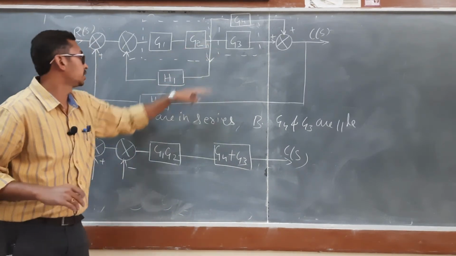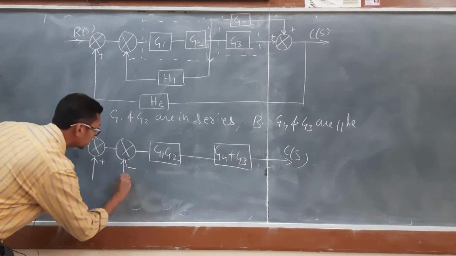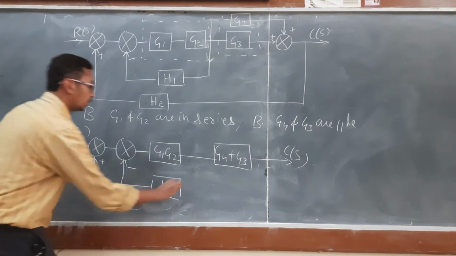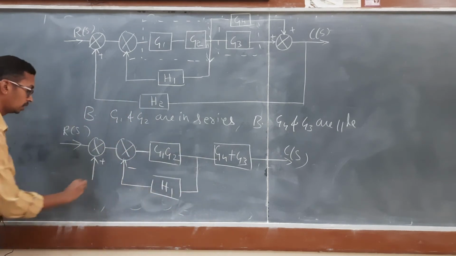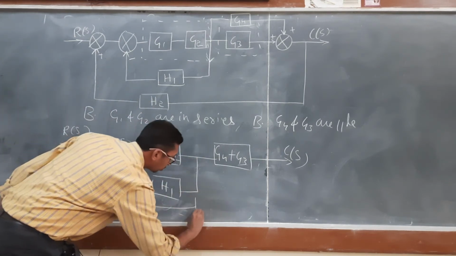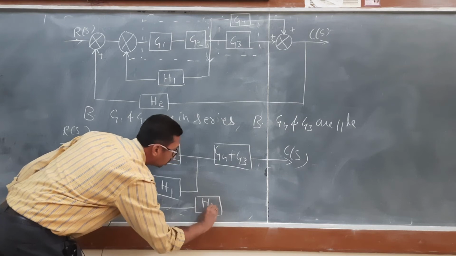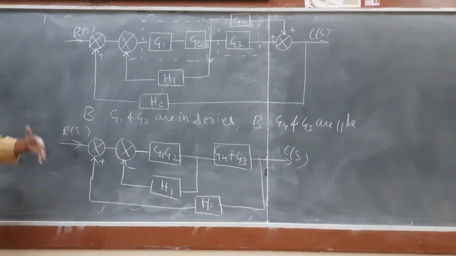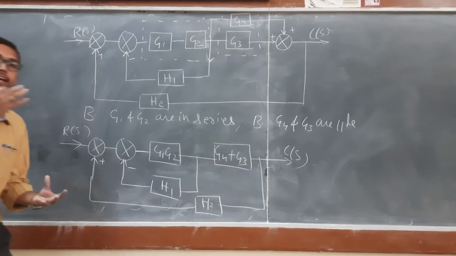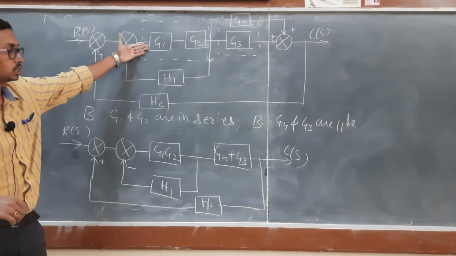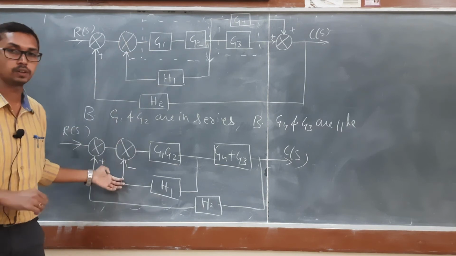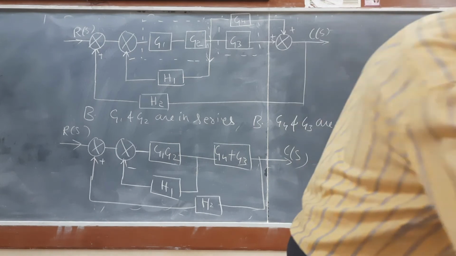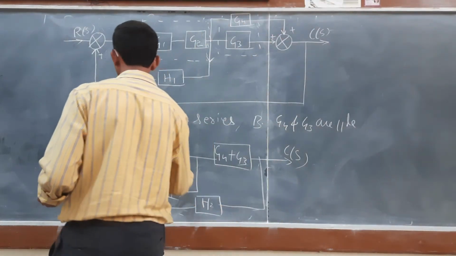I have this feedback loop, the feedback signal H1. And this is the feedback from here, and another feedback block H2, and from here I am getting the feedback. Okay, so I am reducing by applying the different rules. So this block has been reduced to this one. So once again we need to apply the different rule. What is step number 3? What is step number 3?